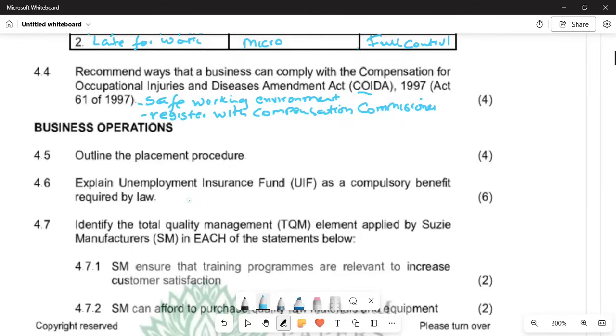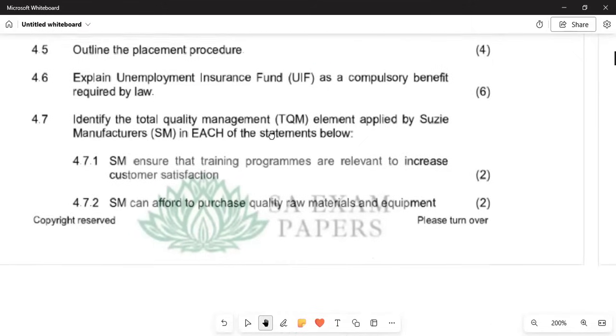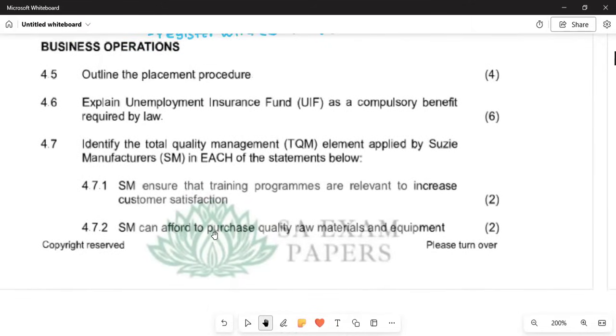So now we are moving on to 4.5. It says outline the placement procedure.